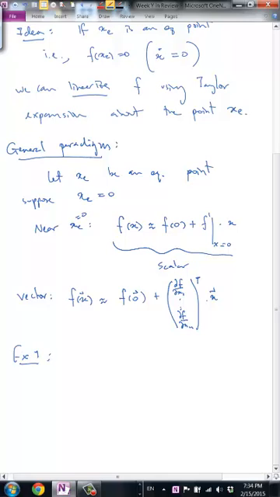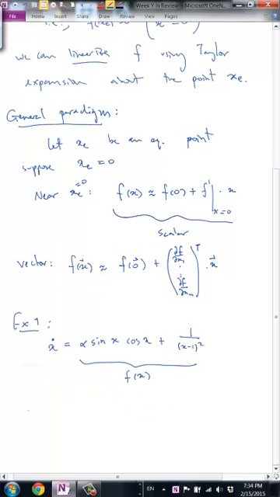Example 1. Suppose we have x dot is equal to alpha sine x times cosine x plus 1 over (x minus 1) squared. So in this case, this is very much a nonlinear function, f of x. And the questions I might ask are: A, show that x equals 0 is an equilibrium point.